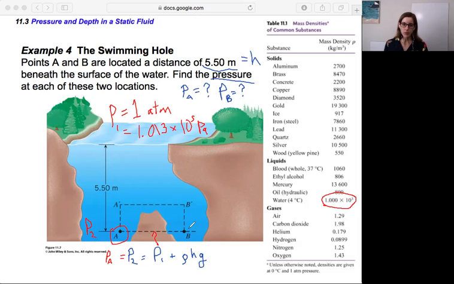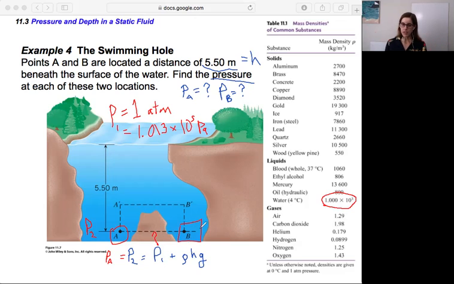What about the pressure at point B? How will that compare? Well, if we look at our equation, it has the pressure at point 1 at the surface, plus rho times h times g. It just mentions the depth. It doesn't mention anything about horizontal dimensions.